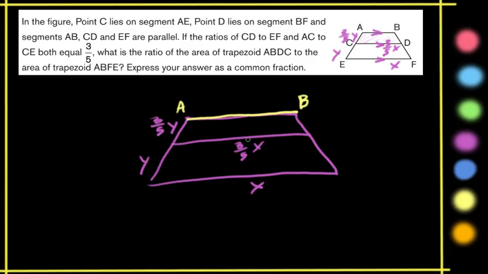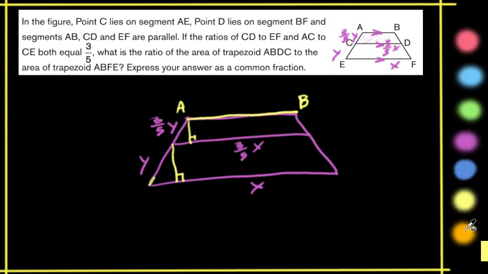Okay, so there are some ratios we can use here, because basically if you look at it, you could make a right angle here, and you could make a right angle here, and by using that we can figure out something about these two segments.